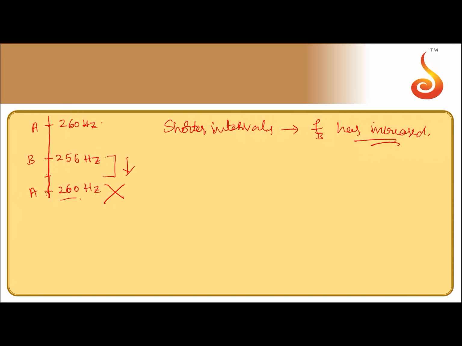Now, if we consider the other situation, on filing A, the frequency should go further from 256, so the beat frequency would have increased. So here it has increased. So the frequency of A should be equal to 260 Hertz, that is option E. The number line method is the best method to find the solution to such problems.